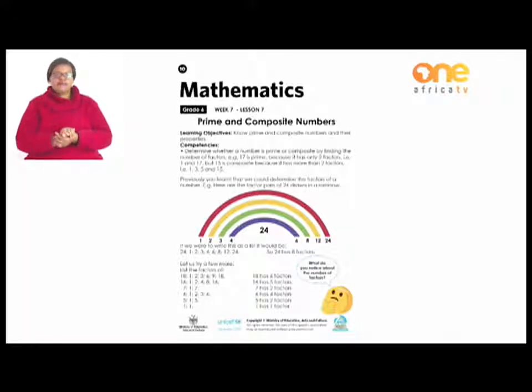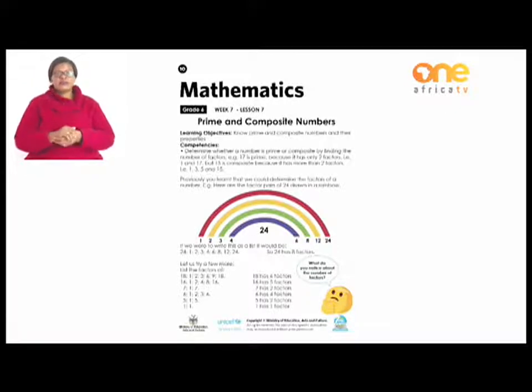And then we have 16, which has 1, 2, 4, 8, and 16 itself, a total of 5 factors. And then we have 7, and 7 only has 1 and itself, in other words 1 and 7, so it only has 2 factors.